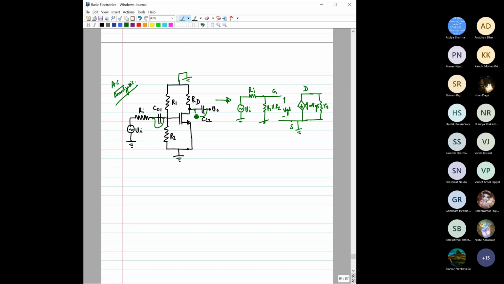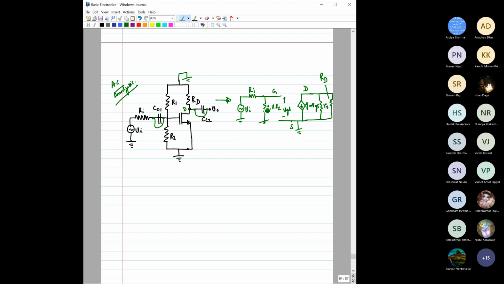Now this is RD, connected to the drain, and the other terminal is grounded. So this is the small signal equivalent circuit of this amplifier.